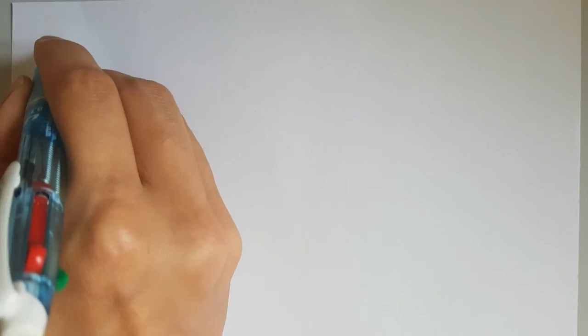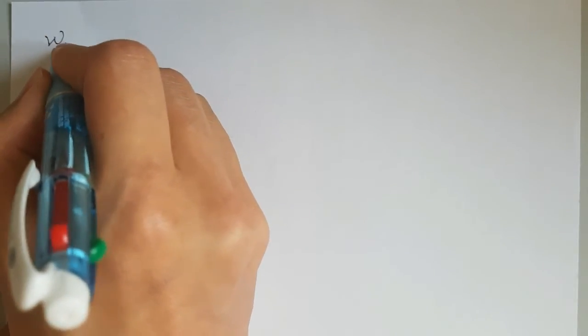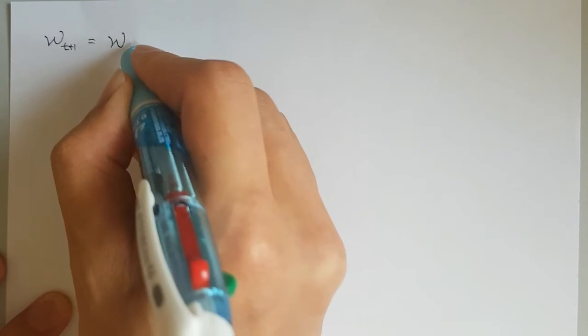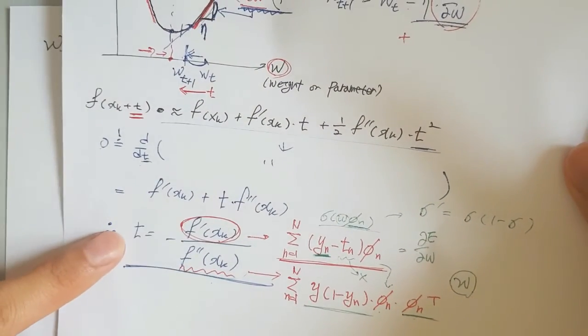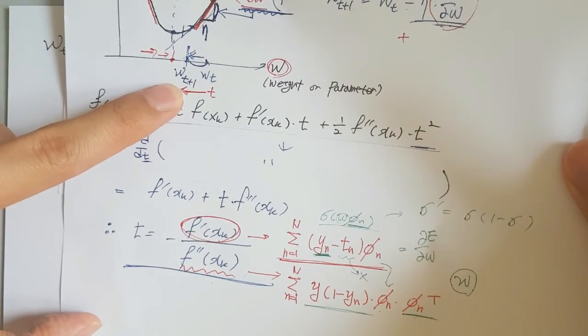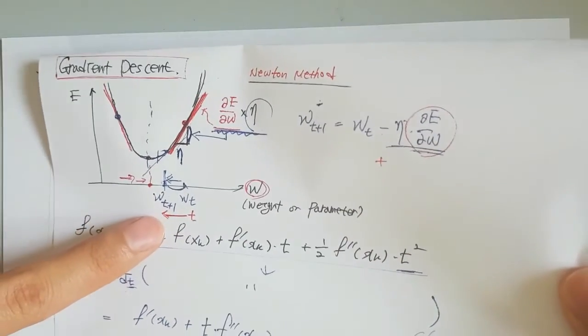So alright, we will try to find the next weight or parameter as just minus t, and here we calculate the value t, and again this t is the distance or length of this one for calculating gradient descent.